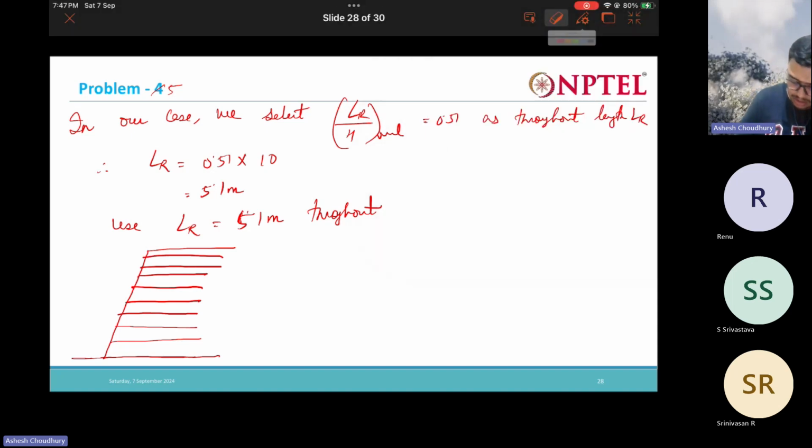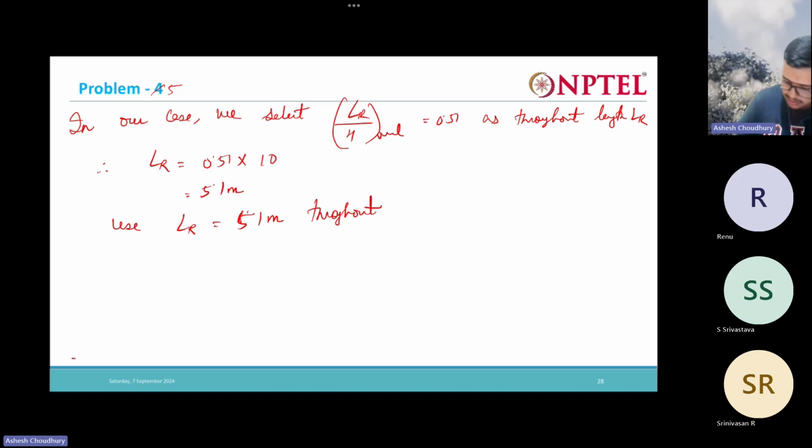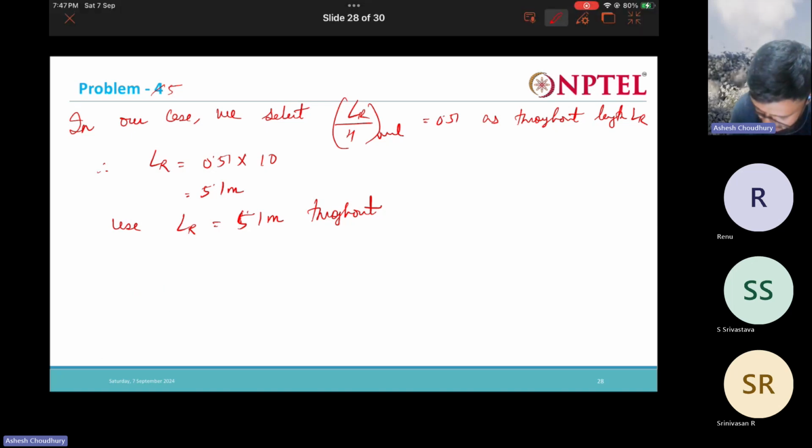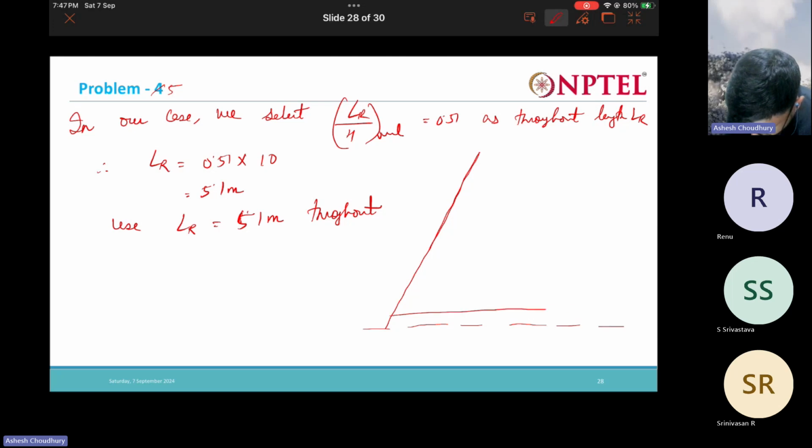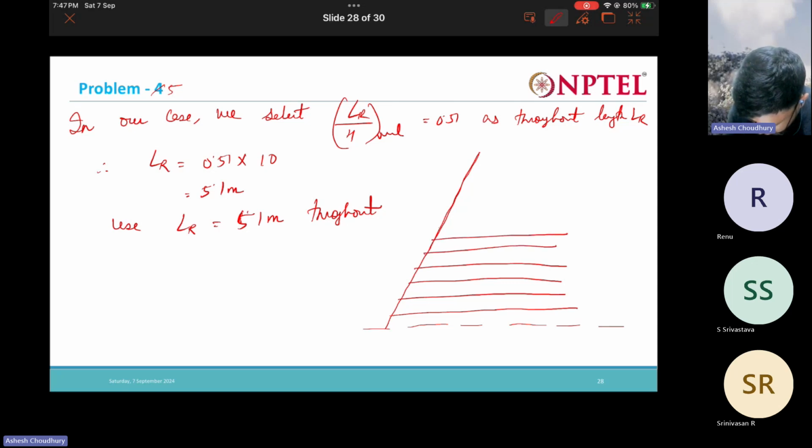You just draw it yourself, you cannot accommodate it here. Try once again though. So this is the soil only. One, two, three, four, five, six, seven, eight, nine, ten, eleven.